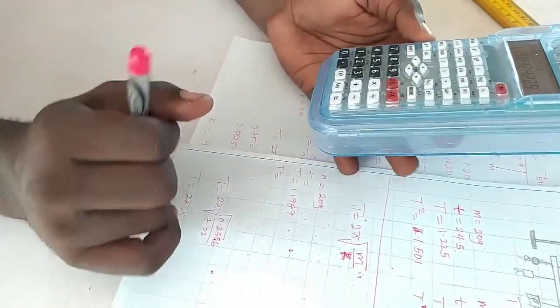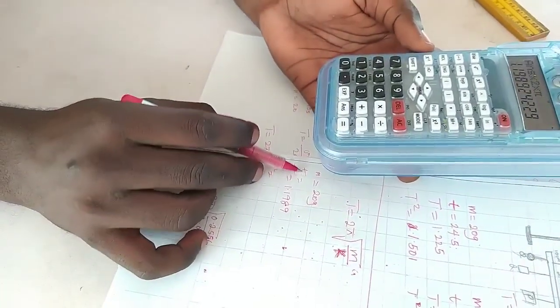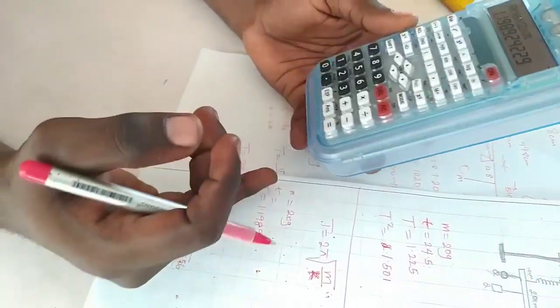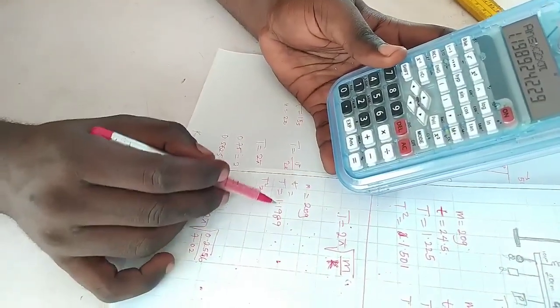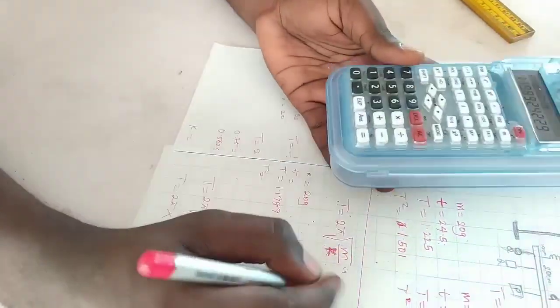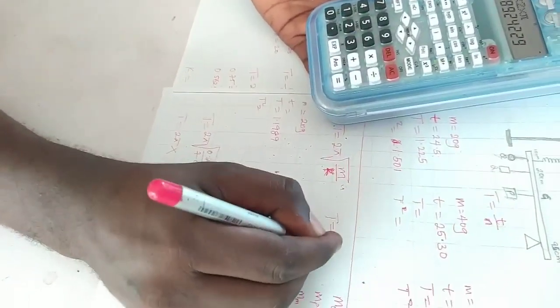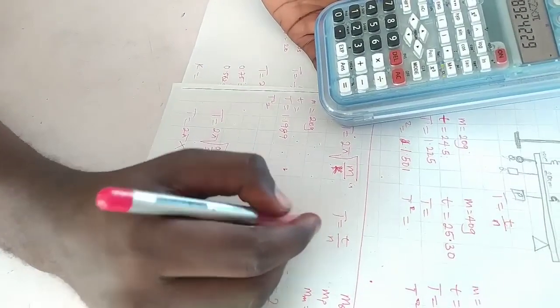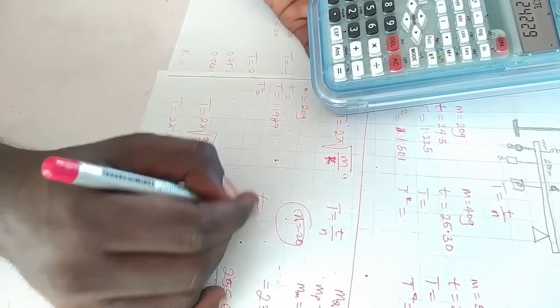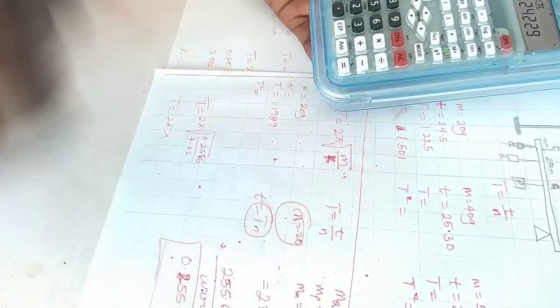Okay. So what's the next thing to do? The next thing to do is to determine your small t. For you to know your small t, you are going to multiply this value that you have here by 20, because capital T is equal to small t over n, and n is 20. That's the number of oscillations. When you cross multiply, you have small t equal to capital T times n.